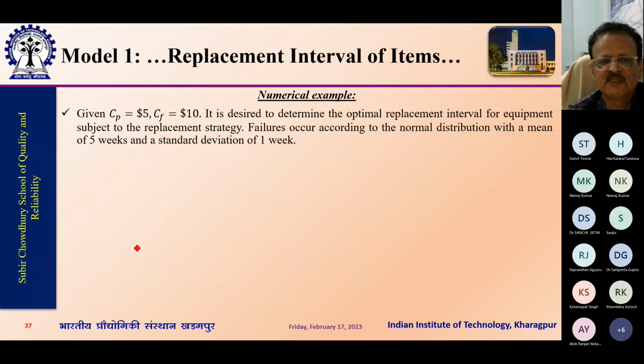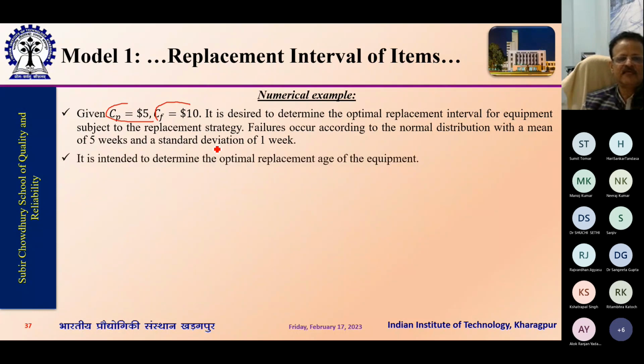So this is a very short example. Suppose CP is given, CF is given, and it is desired to determine the optimal replacement interval subject to the replacement strategy. And the failure distribution is normally distributed with mean 5 and standard deviation of 1.